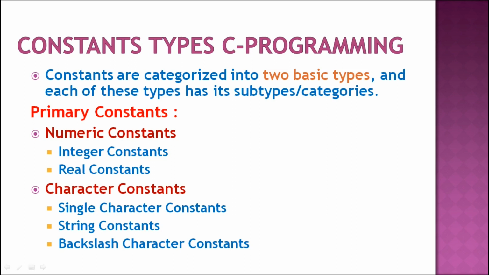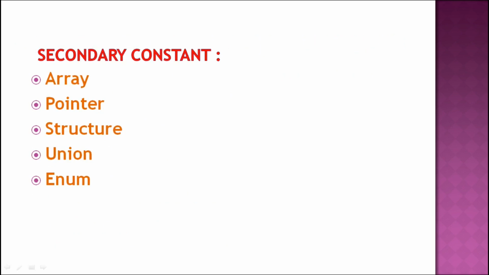And character constants, we have single character constants, string constants and backslash character constants. Coming to the secondary constants, we have array, pointer, structure, union, and enum. We will see the secondary constants in the advanced classes.